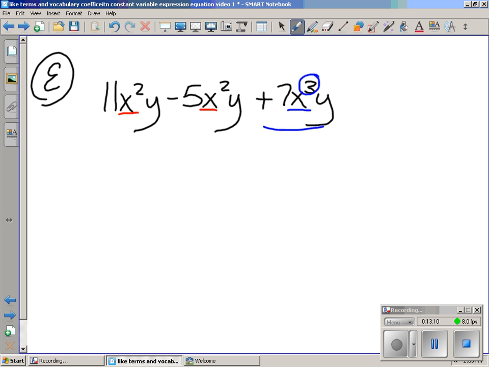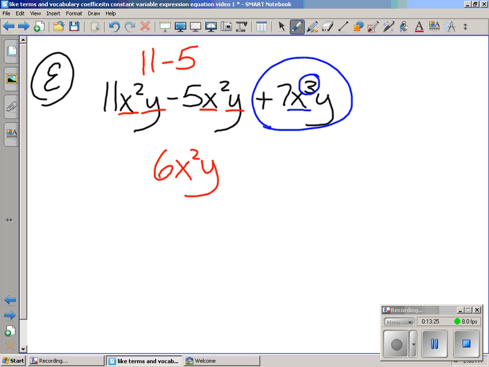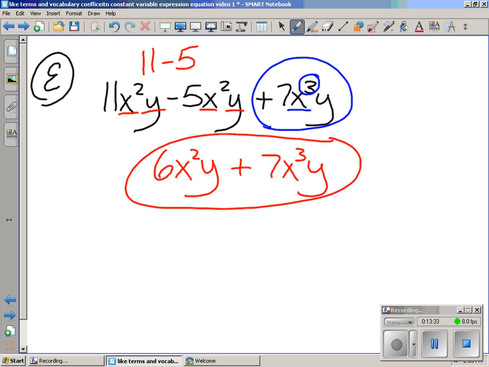So this does not go with these other two. These two have a y with a power of 1, so these two are like terms. So we get 6x squared y when we combine them. We take the coefficients, we take 11 and we subtract 5, and then we're left with 6x squared y. And then you just have to add on the 7x to the third y. These are not like terms, so that's as simple as it gets.